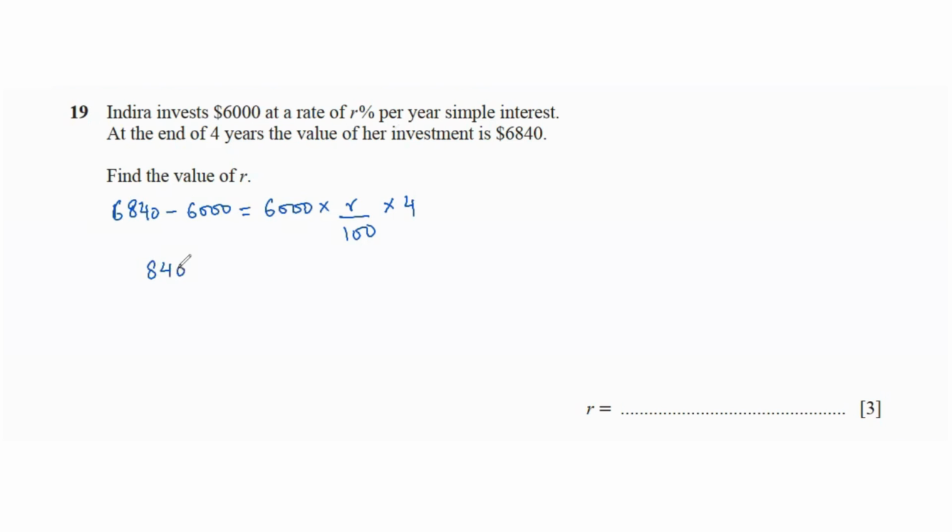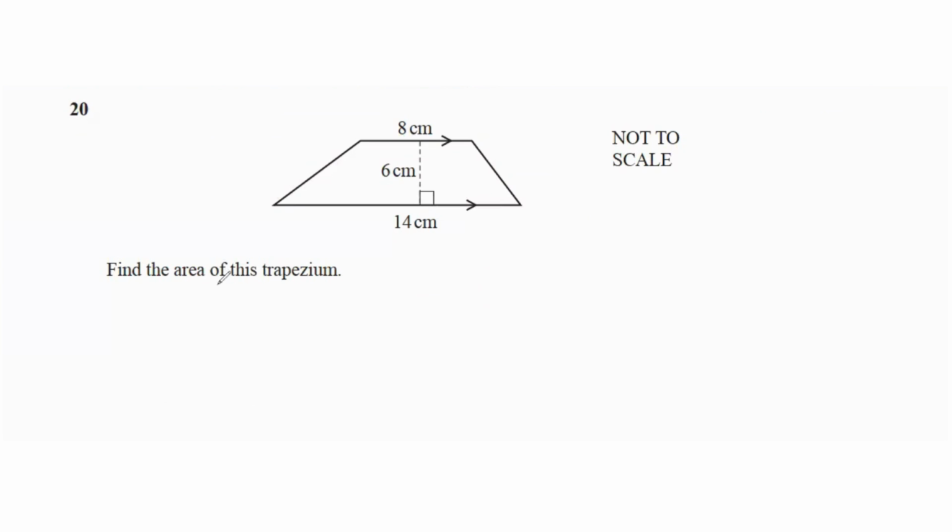That is 840 equals 60 times R times 4, which is 840 divided by 240, which equals 3.5. So your rate is 3.5%.